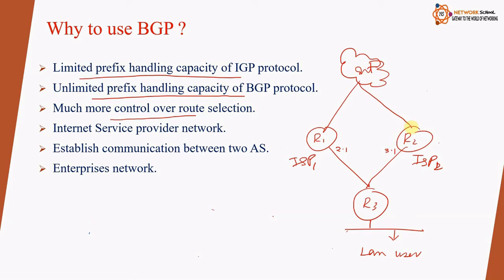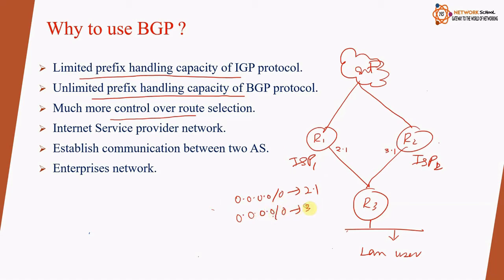So let's say my LAN user would like to go to the internet. Usually we write a static route pointing to the first ISP and then a static route pointing to the second ISP.